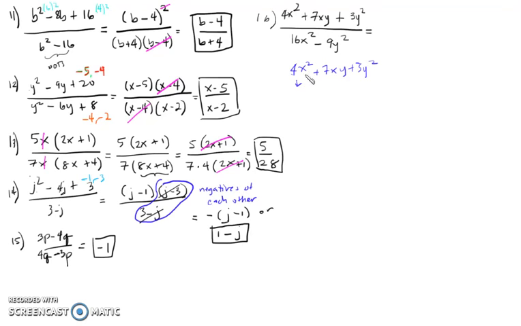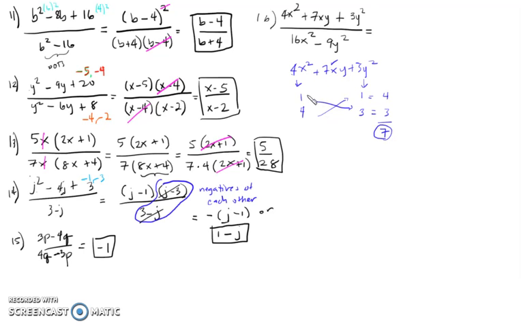I'm going to look for factors. Let's say 1 and 4, and this is 1 and 3. By cross multiplying, I have here 3, and cross multiplying I have here 4. If I add this, it's 7. So correct.